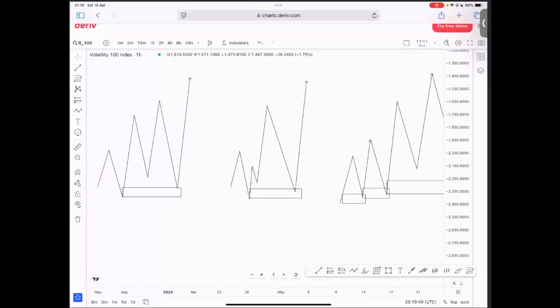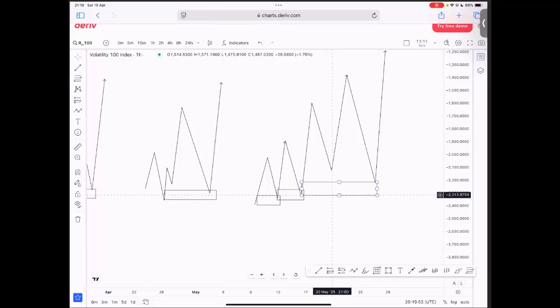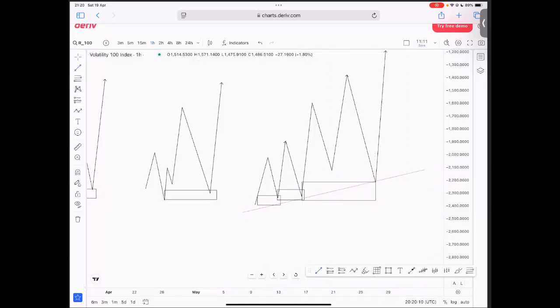In case you're not seeing a type A or a type B, this is a typical type C, where there may not be a sweep, but there must be a continuation, like a mitigation of a previous demand zone. If possible, let that previous demand zone mitigate another previous demand zone, like an order flow chain, just like this, more like creating a trend line. Something just like this. This is what the type C entry model looks like.